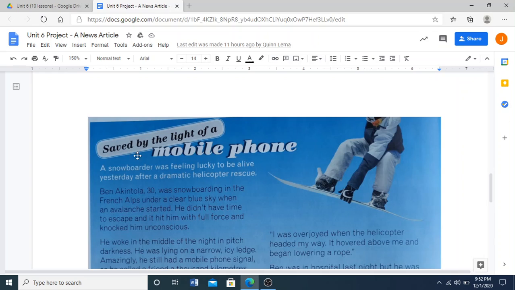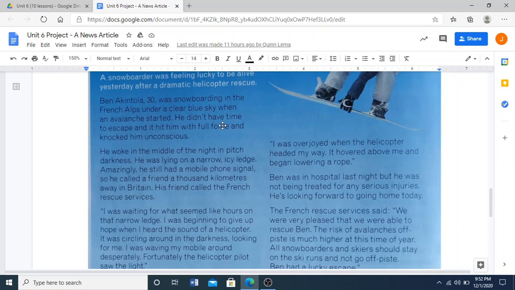This is the title of the article, and this is like an introduction or a headline. A snowboarder was feeling lucky to be alive yesterday after a dramatic helicopter rescue.